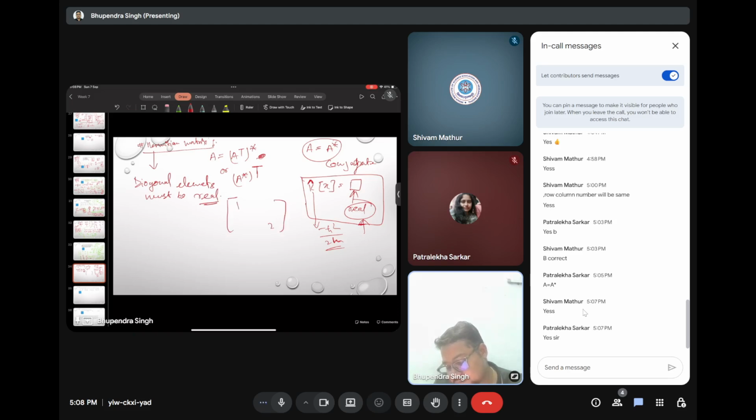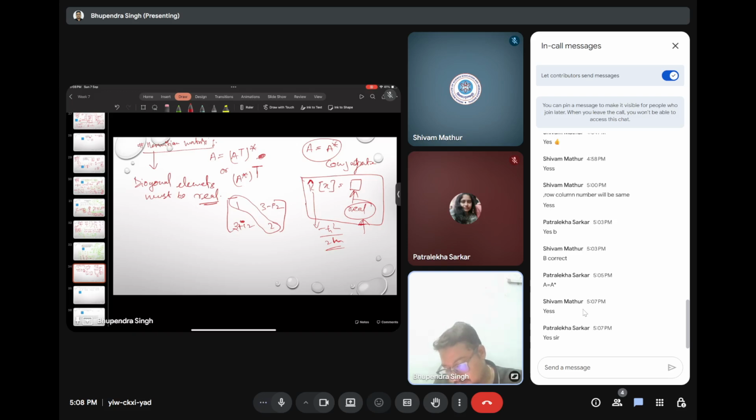Let's say 1, 2, and here, whatever you have, let's say 3 plus i2 and 3 minus i2. The diagonal elements are real. So this is the property.